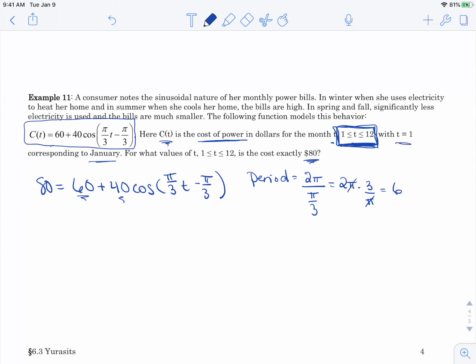So it looks like in months 2, that would be February. So let me just write this over here. 2, 6, 8, and 12. Okay, so we have January, February, March, April, May, June, July, August.